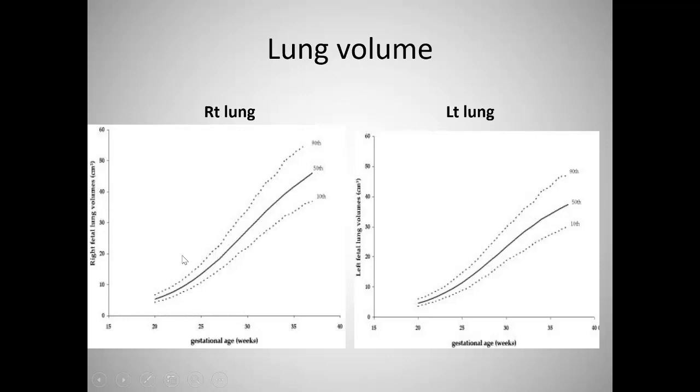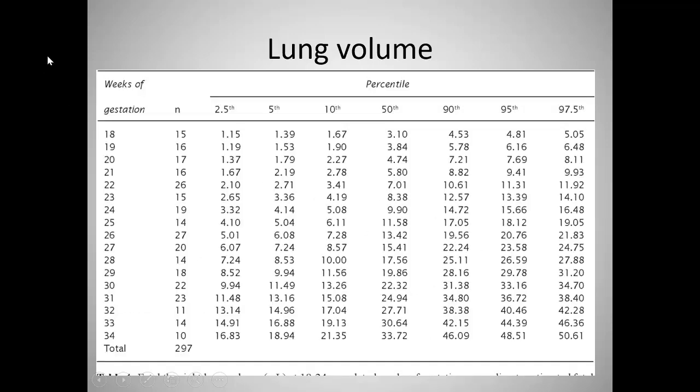Here is the volume of the right lung compared with the gestational age, and this is the volume in cubic centimeters. And here is the left lung. This is the right lung, and this is the left lung. This is by curve, and also there are many articles that put the lung volume regarding the gestational age, from the 2.5th percentile to the 97.5th percentile.